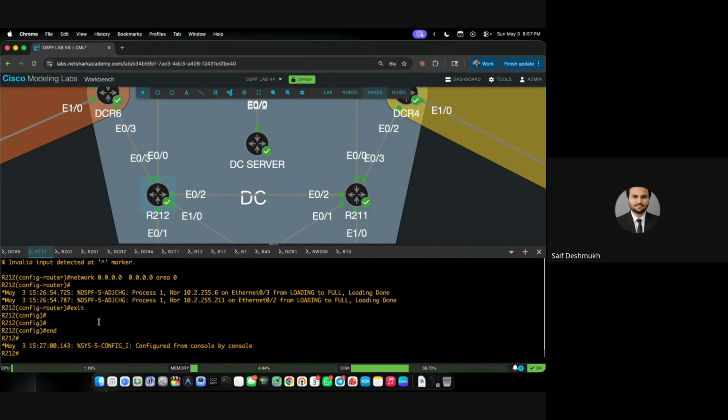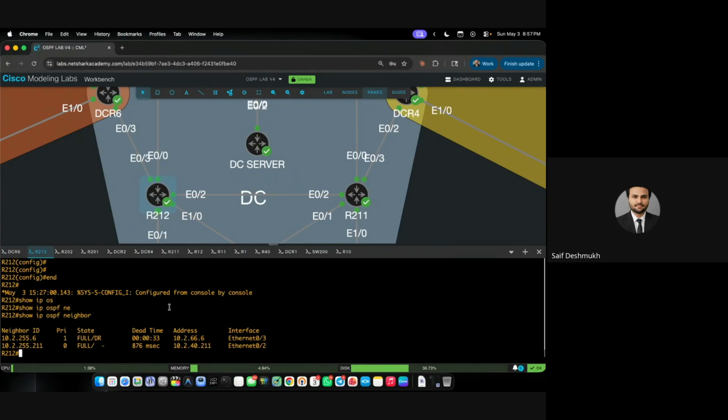Router 212 has neighborship with 2 routers, including router 6.